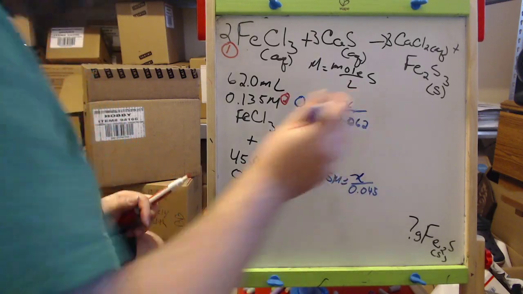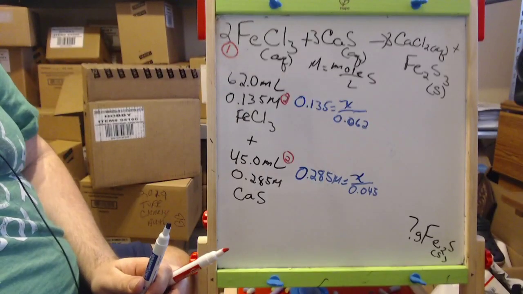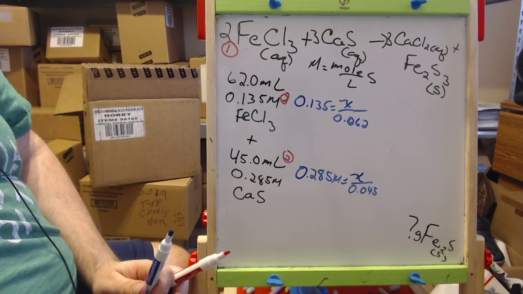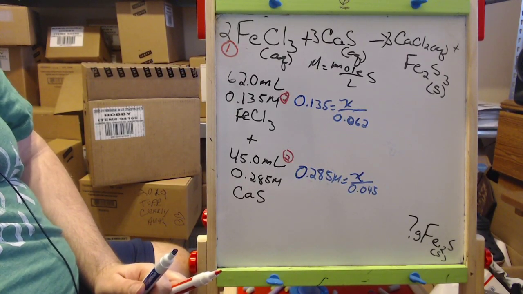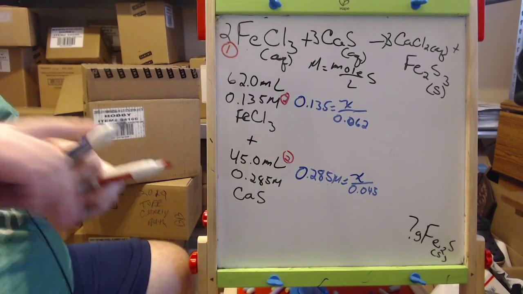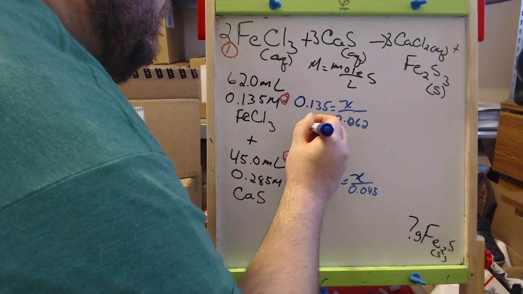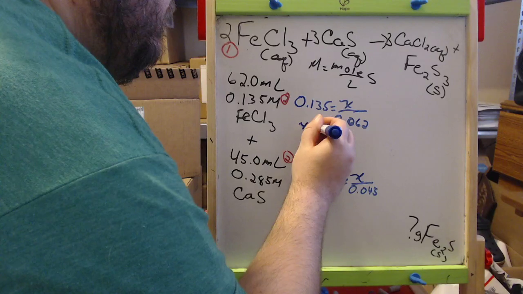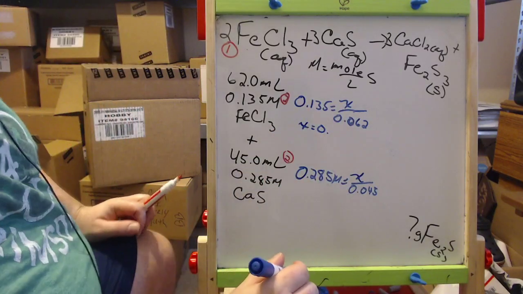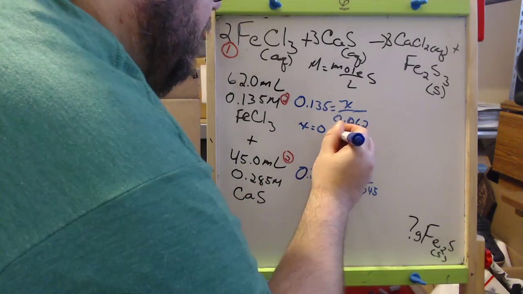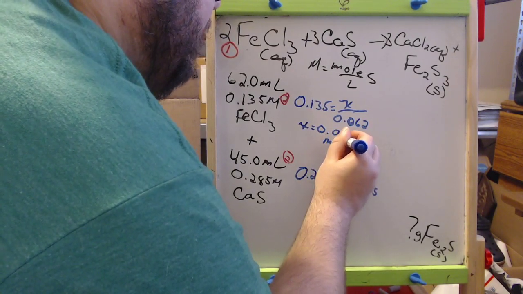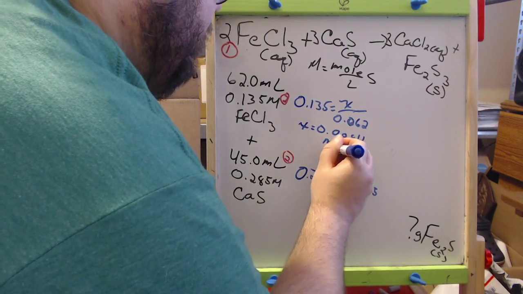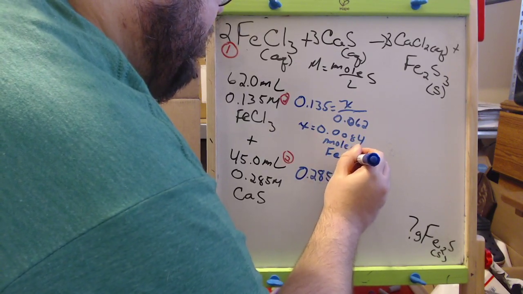I've got to do some cross multiplying. 0.135 times 0.062, this is X here, equals 0.0084. And that is moles of iron 3 chloride, FeCl3.